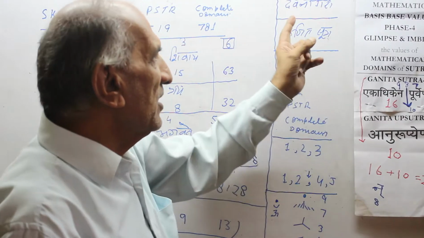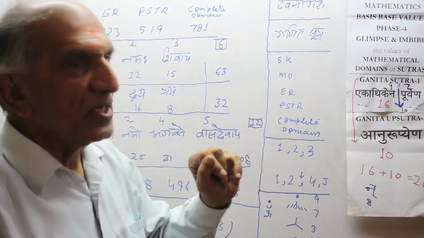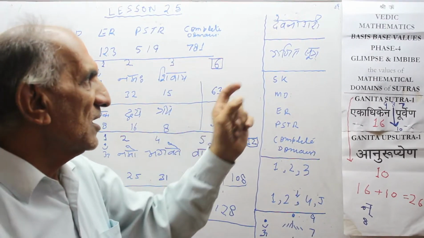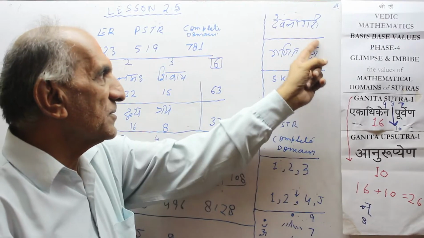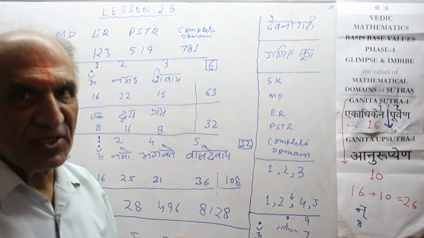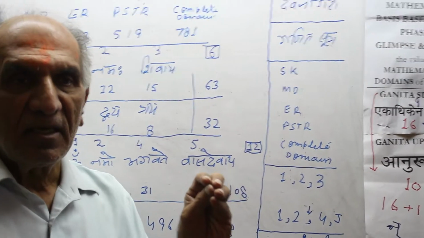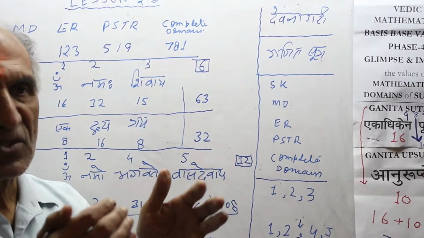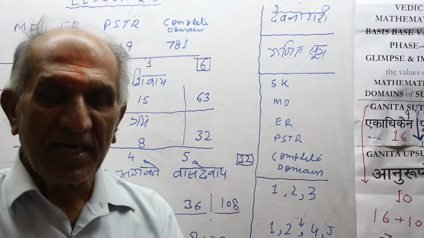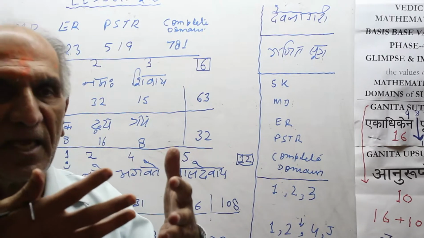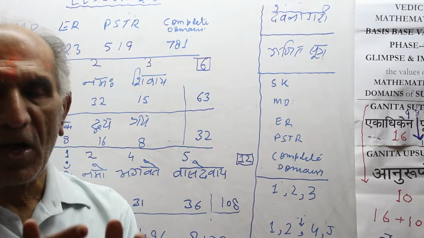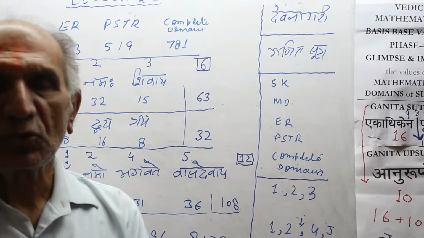The first thing to be learned is the Devanagari alphabet and the transcendental code values attached to it. Then we have to be exposed to the text of the Ganita Sutras. One is to memorize the text of the Ganita Sutras.